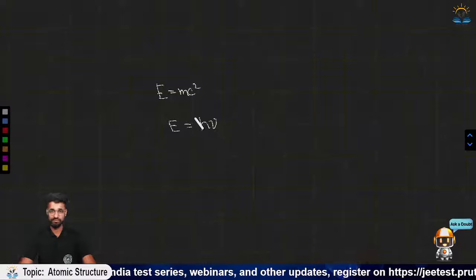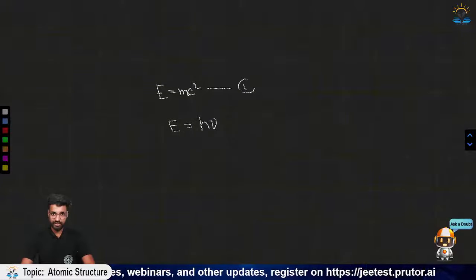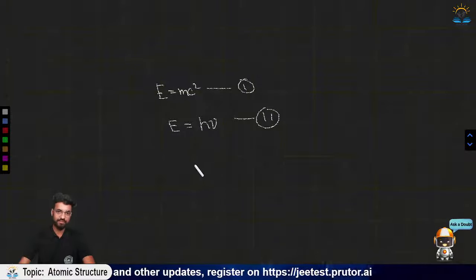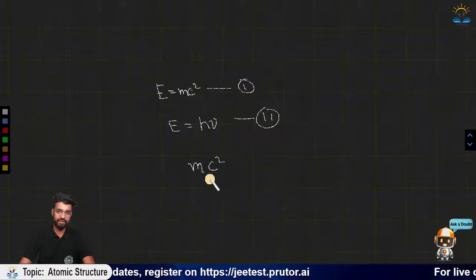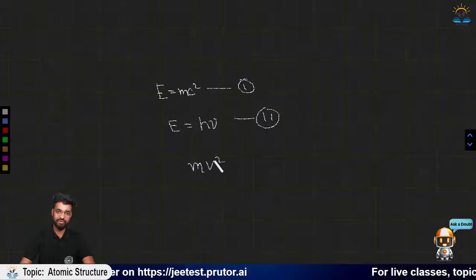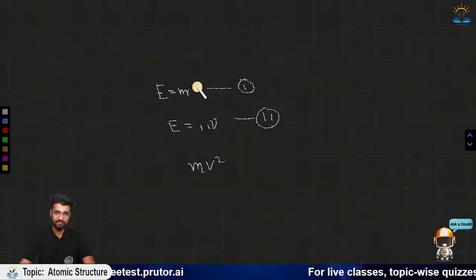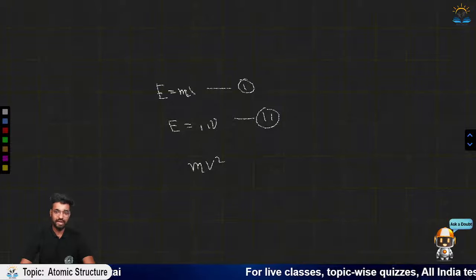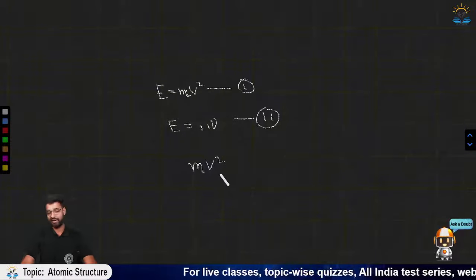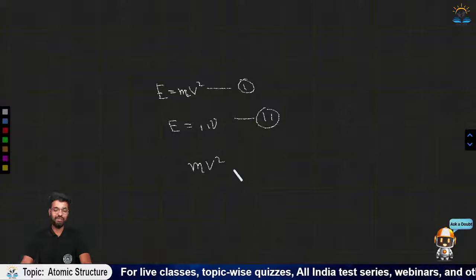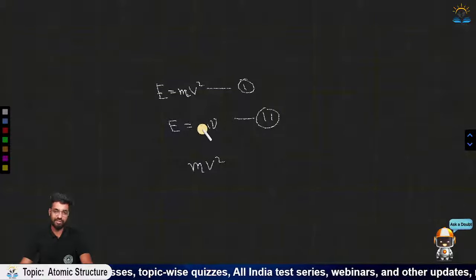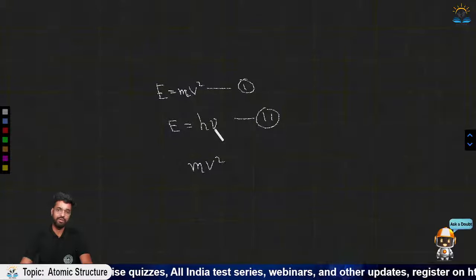Now, if we equate both these equations, we get mc square. I am replacing c by v, the velocity, because energy can be related to any speed, it can be light speed or any other speed. For light we generally use c, so I am replacing it by v.